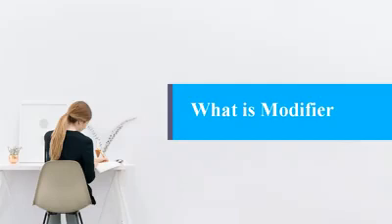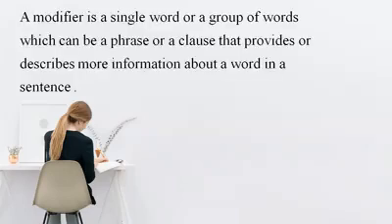As a grammatical item, a modifier is a single word or a group of words, which can be a phrase or a clause, that provides or describes more information about a word in a sentence.